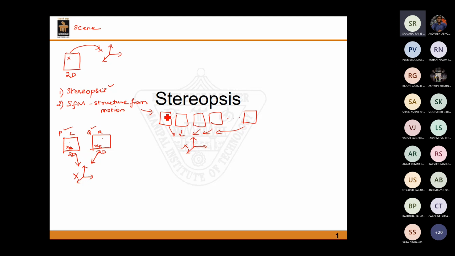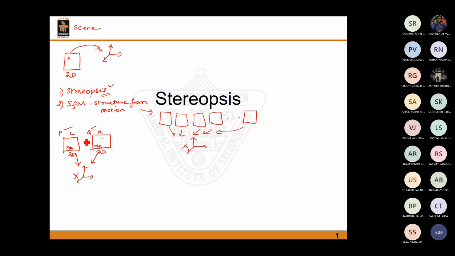So in this class, we'll be discussing only about stereopsis, where we use only two images, and later we'll move on to the SFM approach. So where exactly do you prefer to use the stereopsis method, or where exactly do you prefer to use the SFM method? In the case of the stereopsis approach, we prefer that for reconstruction purposes if we know for sure what the camera parameters are.